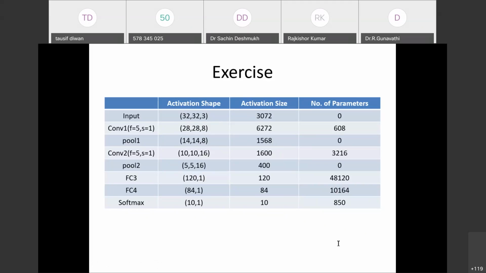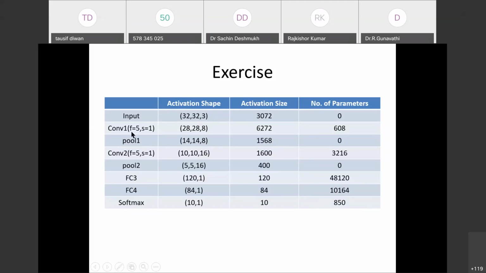Listen, you need to check the input volume on which we are applying the filter. On which volume are we applying the filter? We are applying the filter on this volume, 32, 32, 3. What is the depth of this volume? Depth of this volume is 3.